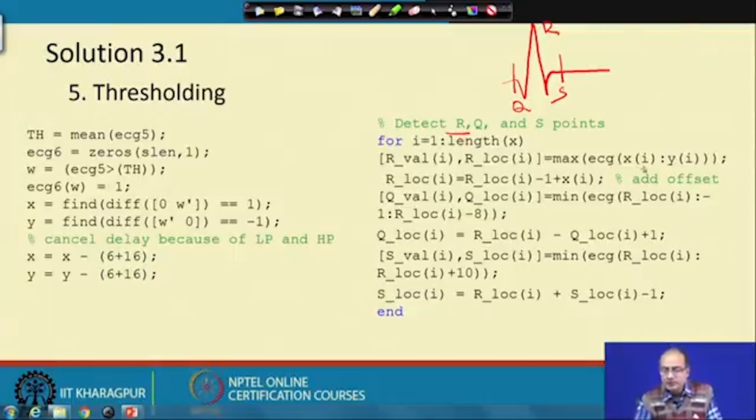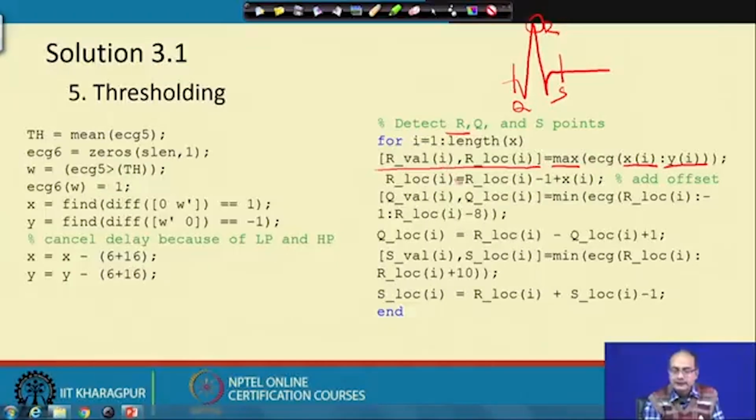It is done with a simple operation: the ith peak is located within xi and yi. We find the maximum value within this range, which gives us the R peak. That location is kept in R underscore LOC and the value is kept in R underscore value.